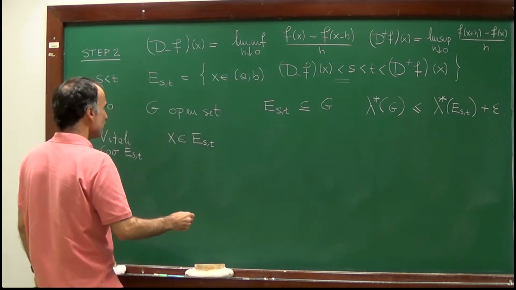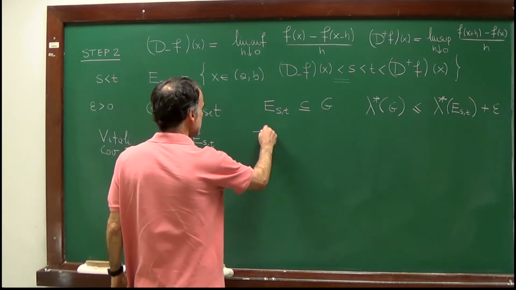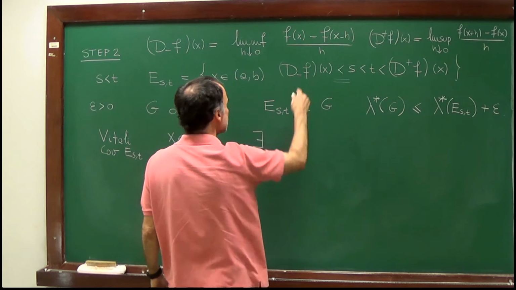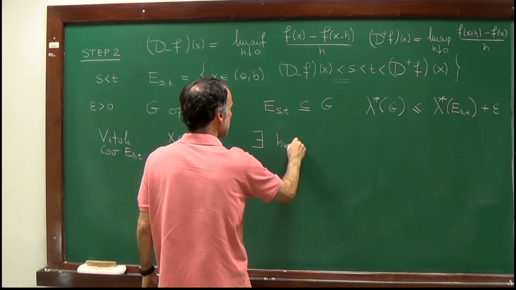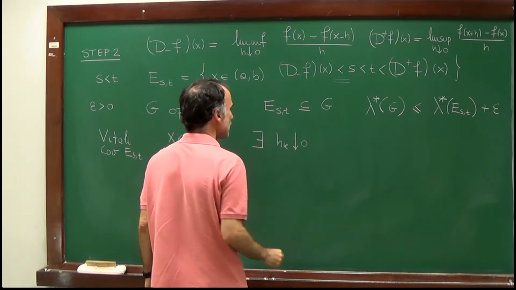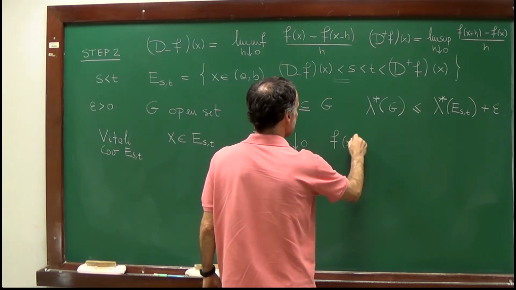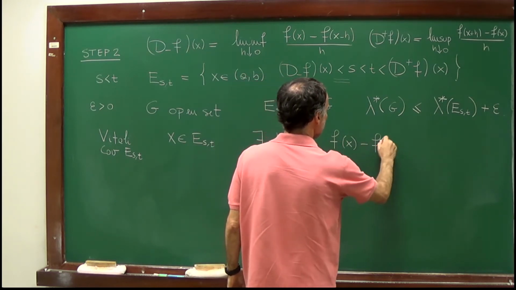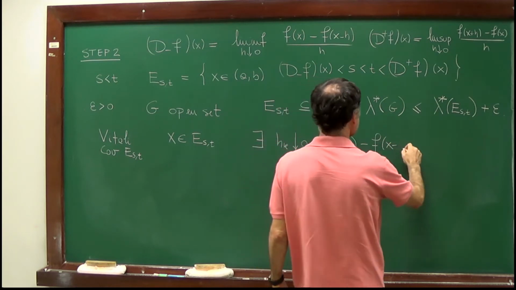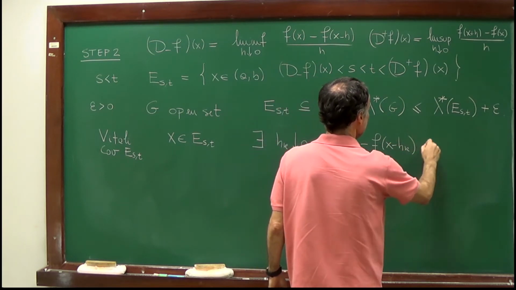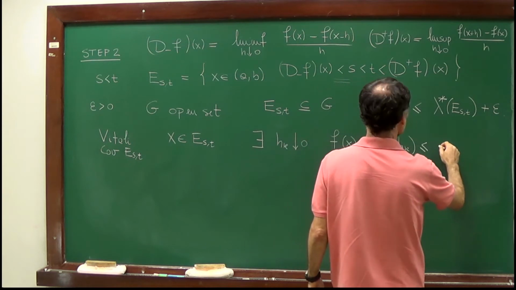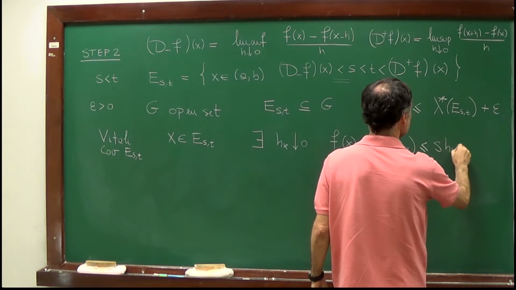This means that there exists a sequence h_k converging to 0 such that f(x) minus f(x minus h_k) is smaller or equal than s times h_k.